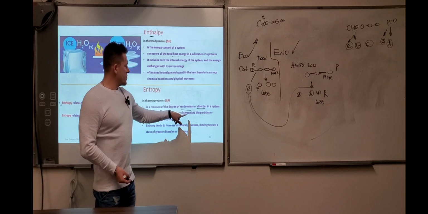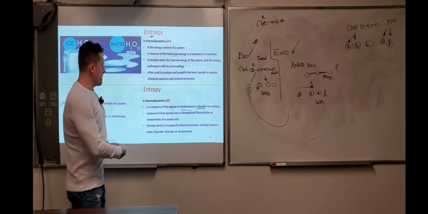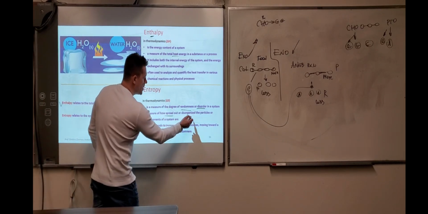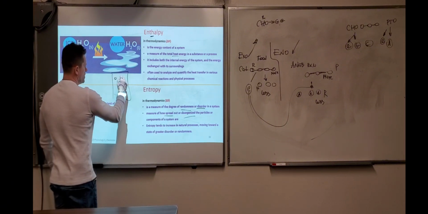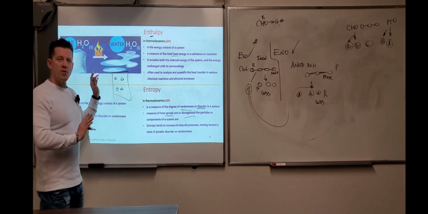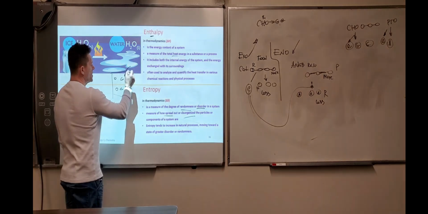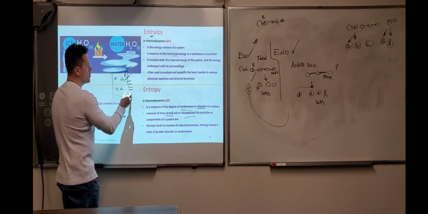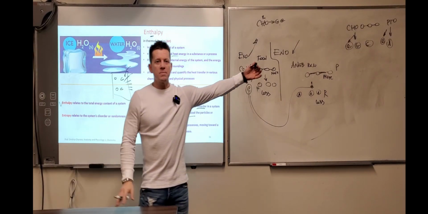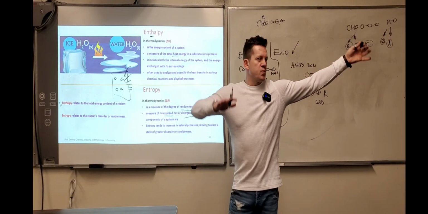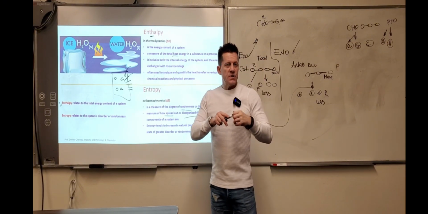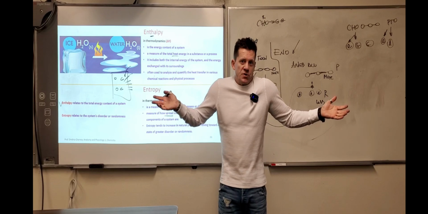Entropy is the measurement of the degree of randomness, disorder in the system, a measure of how spread out or disorganized the particles in the system are. Let's say naturally you're supposed to have 4 particles, but then something happens with the environment and you start adding more and more and more. So there's pollution, right? You're somewhere outside where there's pollution.